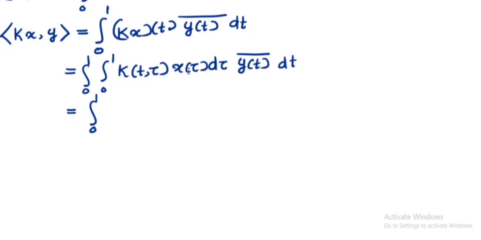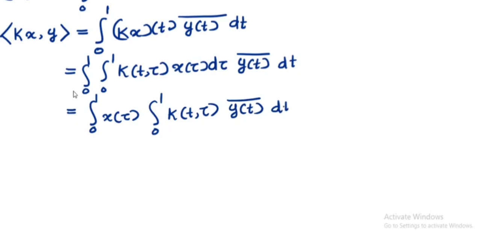So for this I am taking x(tau) outside. Okay, so this is actually x(tau), integral from 0 to 1 of k(t, tau) y(t) conjugate dt d tau.